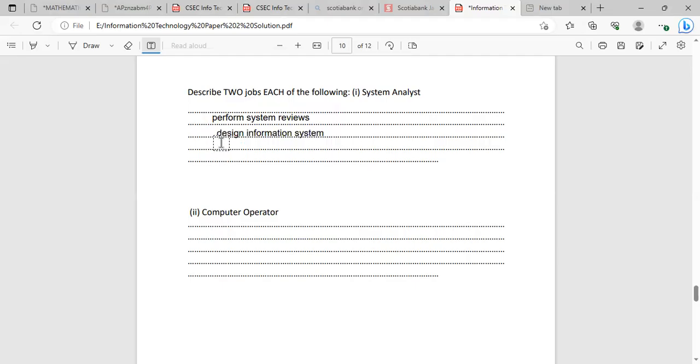Next up, it derives information system requirements. If you guys are reading up, don't skip anything because they can ask anything.